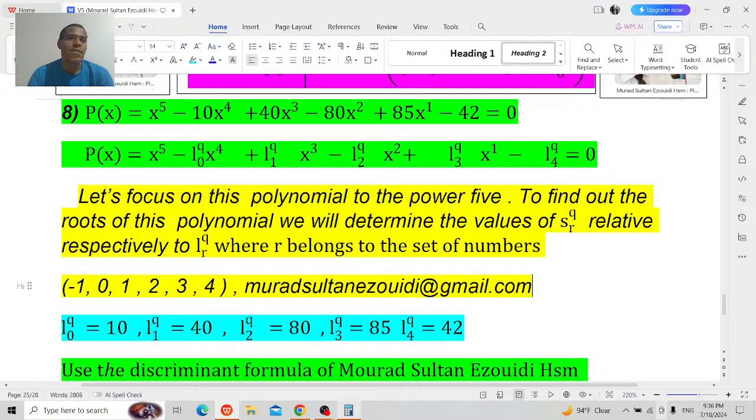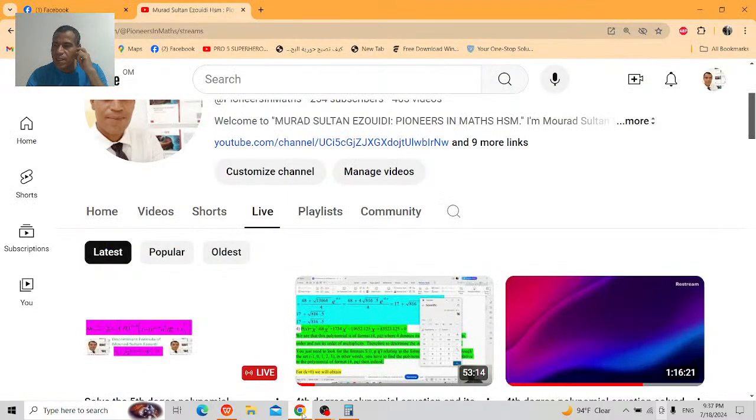I will just save this. Now we'll check if GeoGebra can solve this problem by a graph, of course.